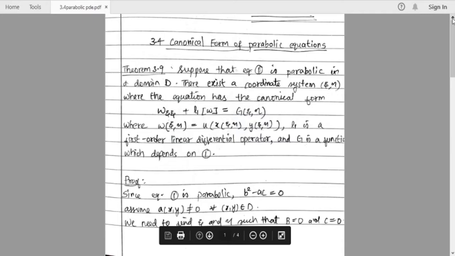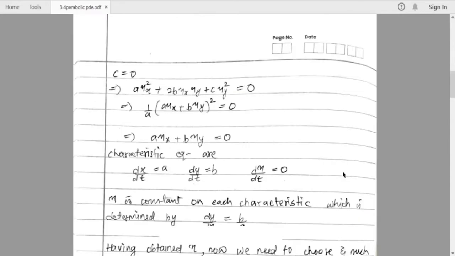Then we need to find theta and eta such that capital B and capital C are equal to 0. Now C equal to 0 implies that a eta x square plus 2b eta x eta y plus c eta y square is equal to 0.